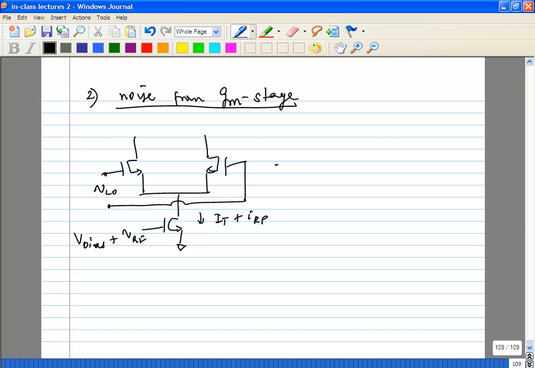We know we are replacing these switches by some S(t).